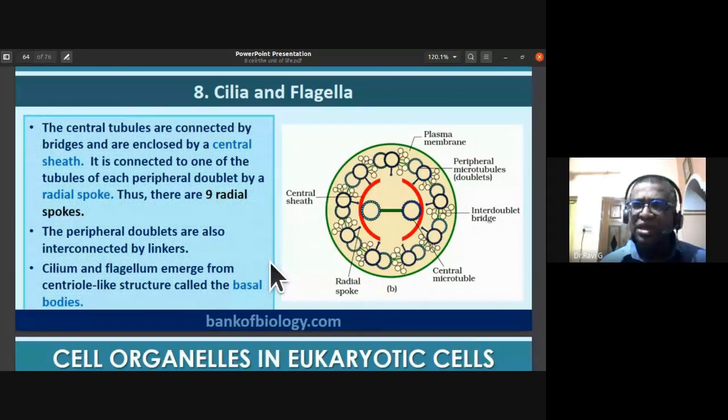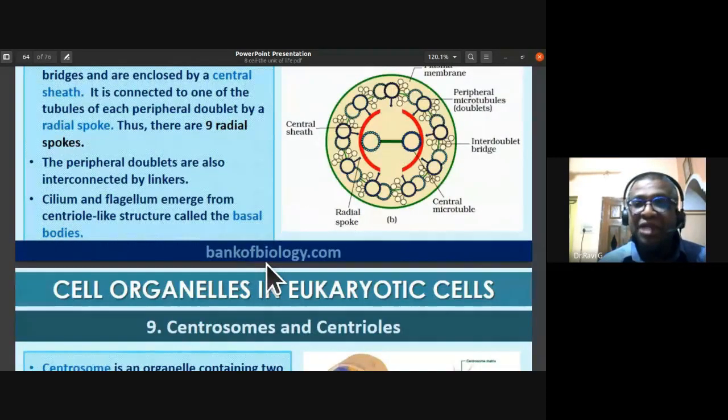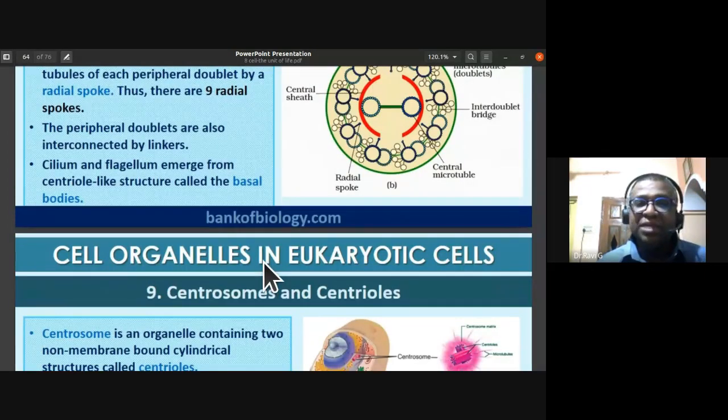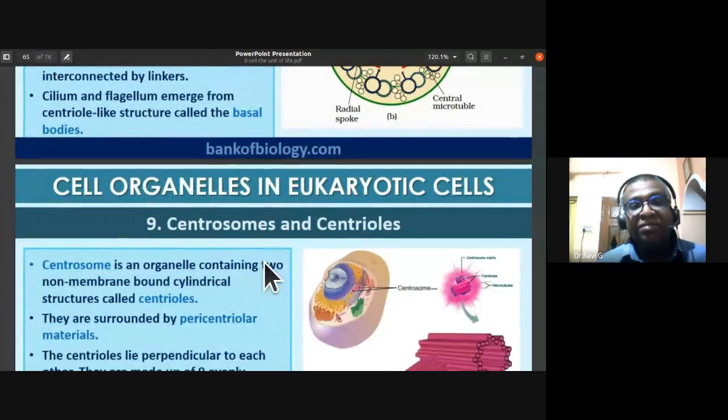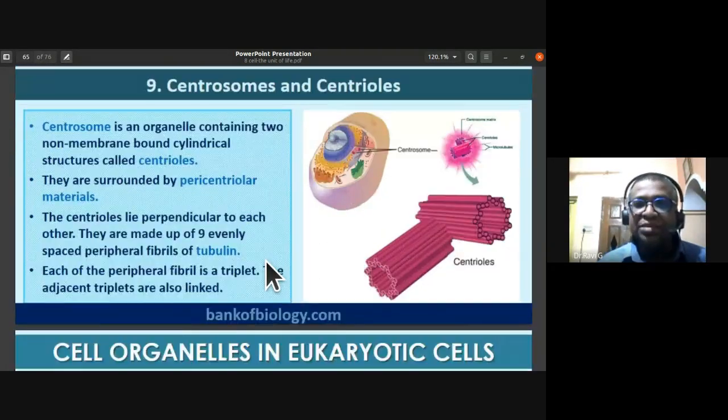If they ask you to draw a neat labeled diagram of cilia, you have to draw the same diagram. If they ask you for a neat labeled diagram of flagella also, you have to draw the same diagram. So remember this ultrastructure of cilia and flagellum. Then the ninth cell organelle that we are going to discuss is the centrosome and centrioles.